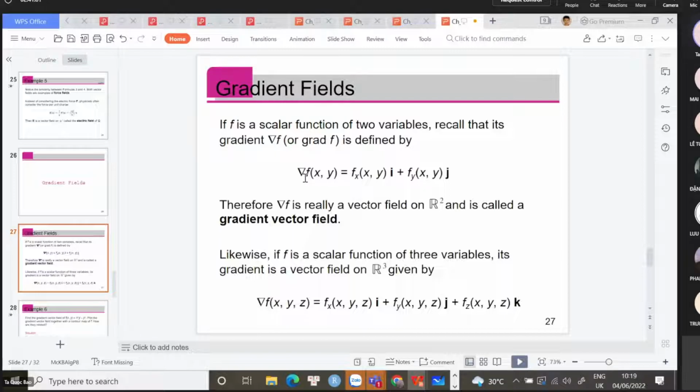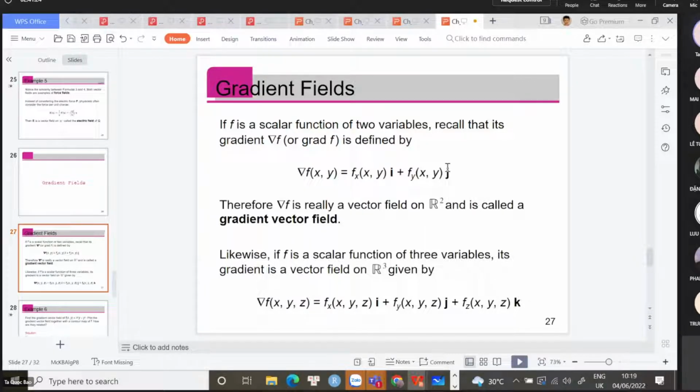This is a vector of partial derivatives. So grad f can be represented like this: partial derivatives in x and partial derivatives in y. Therefore, the gradient f is really a vector field.